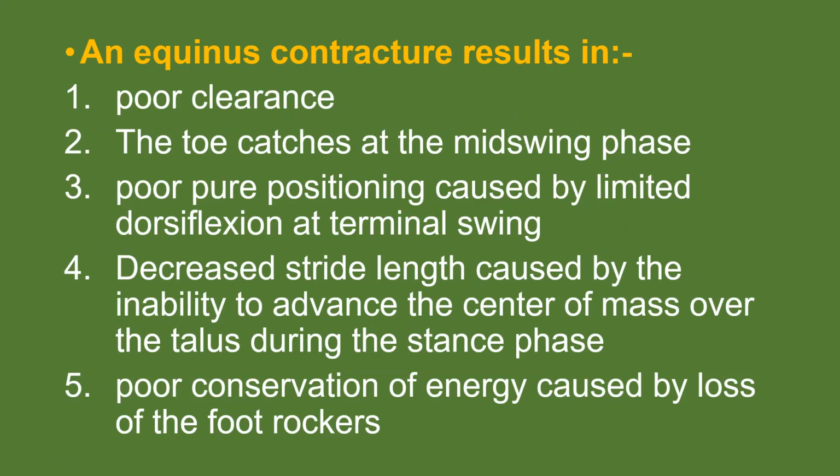Decreased stride length caused by inability to advance the center of mass over the talus during the stance phase. Poor conservation of energy caused by loss of foot rockers. All these interfere. This is what gait analysis helps us with.